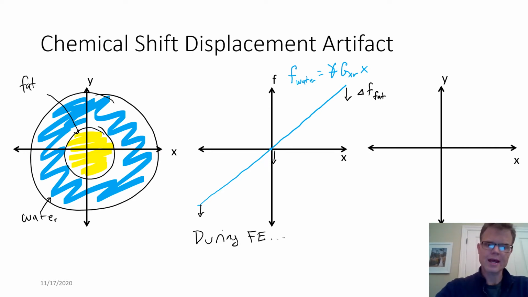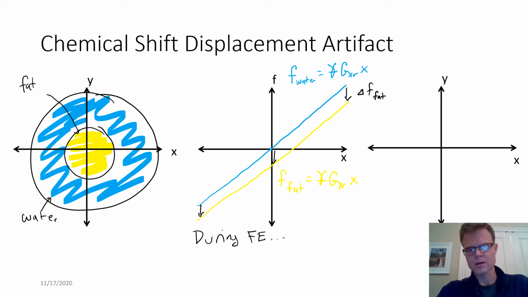The effect that has on our frequency encoding, from this perspective, is that it shifts our line here. For fat protons as a function of position, the frequency is equal to gamma bar times our readout gradient amplitude plus this offset.